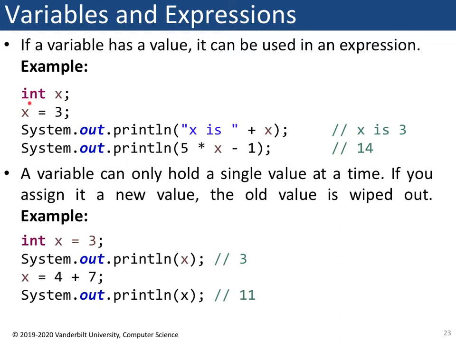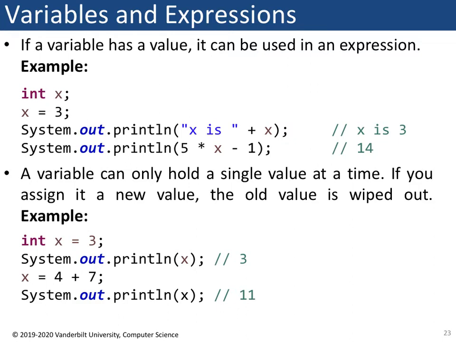So we declare the variable x, we assign the variable x the value 3, and then our print line statement will evaluate as follows. We'll have a string "x is " plus x. Anytime you have a plus operator with the operands being a string and an integer, the result will be a string.